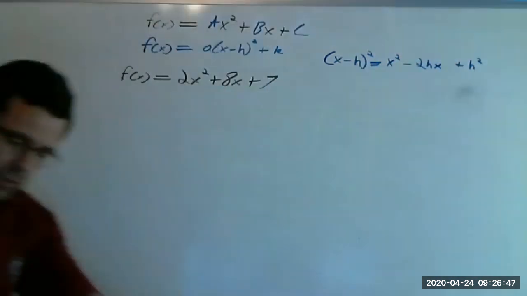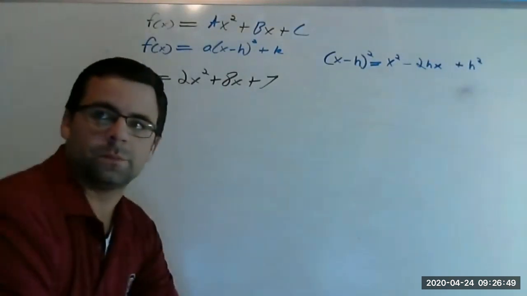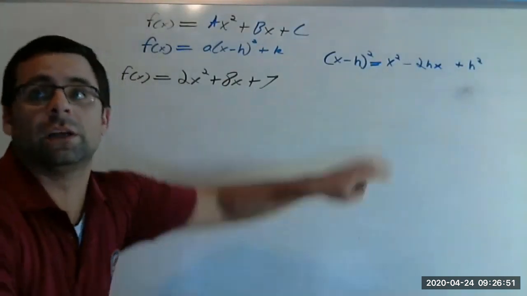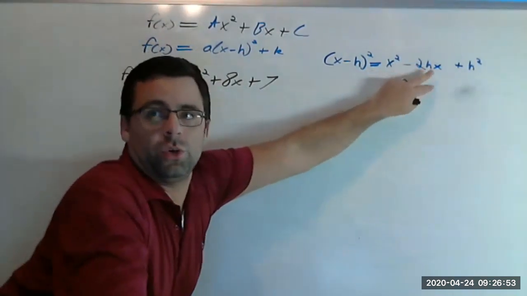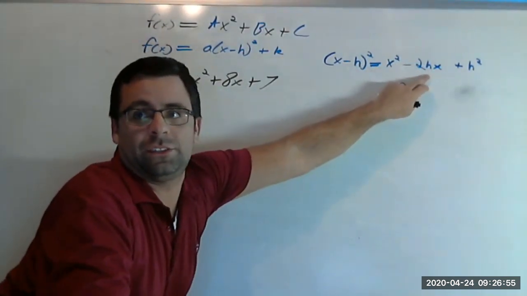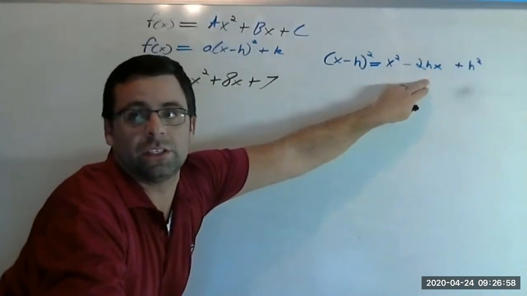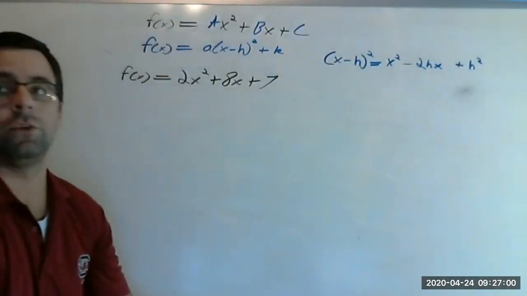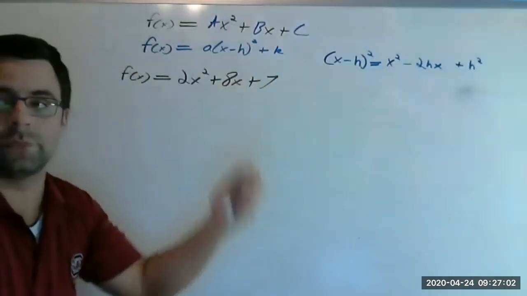So if you actually multiply it out, you get 4 terms, and you get 2 of these negative hx's, and you just combine them together. But if you just want to remember that that's what it looks like, then that's fine too.